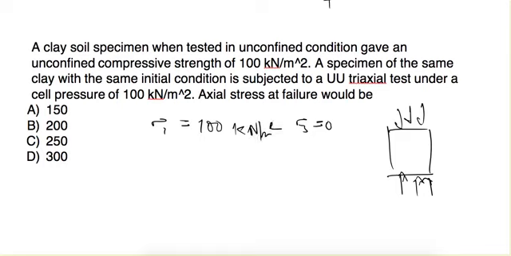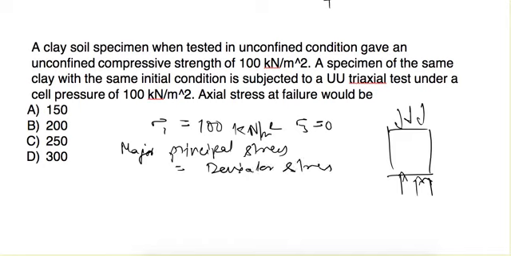So we can say that in an unconfined compression test, the major principal stress is equal to the deviator stress, because deviator stress is given as sigma 1 minus sigma 3, but sigma 3 is equal to 0, so it is sigma 1.